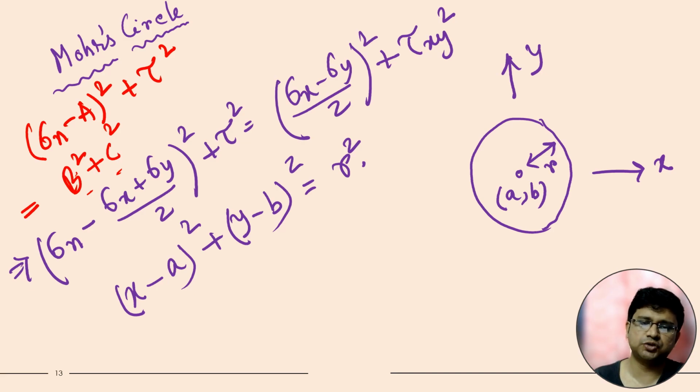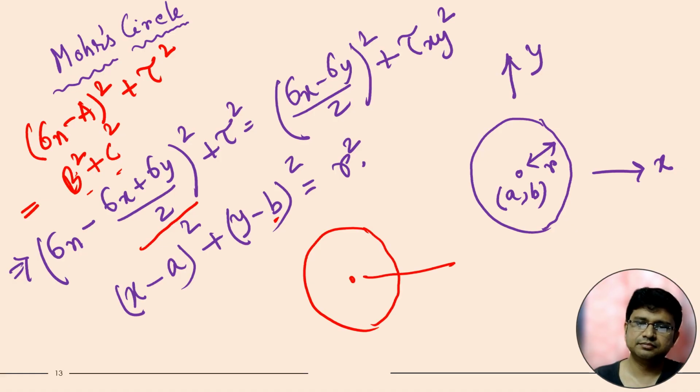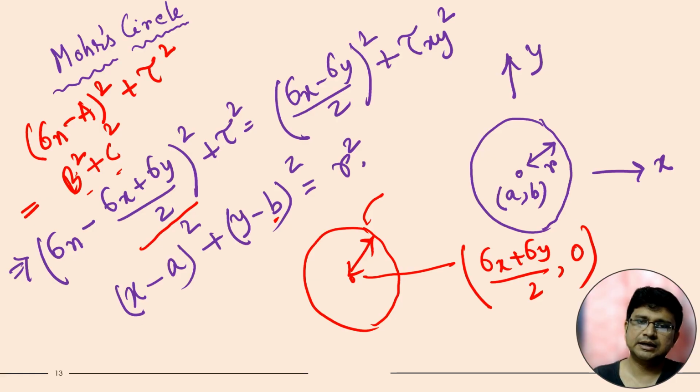So for Mohr circle, if we think about it, A is this, and B is 0. Here there is no term, so B is 0. So there will be one Mohr circle whose center will be sigma x plus sigma y by 2, 0. And its radius will be how much? Radius will be root of r square.